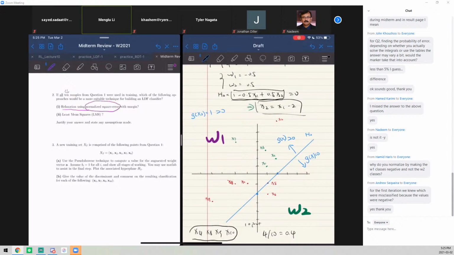So the relaxation still cannot stop because we cannot find the line. However, LMS, the least mean square, can handle the nonlinearly separable case. Also, the MSE can handle the nonlinearly separable case. So we choose the least mean square in this situation.